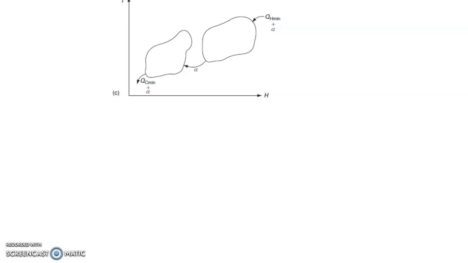Now above pinch is a heat sink, so basically it requires energy, and what we are doing is removing energy from above pinch to below pinch. Below pinch is a source, so actually it should be able to reject heat, but it is receiving. So on both sides, above pinch, which requires heat, I'm removing heat from it, and below pinch, which wants to remove heat, I'm supplying heat to it.